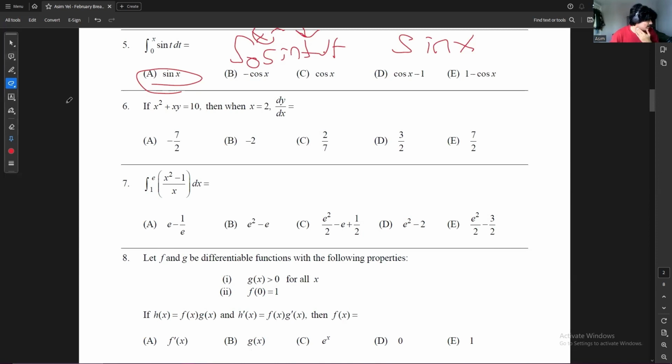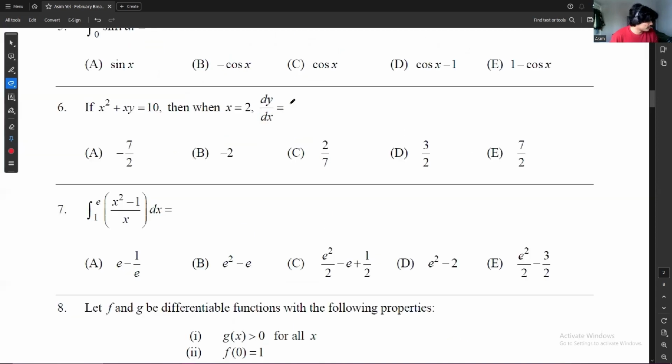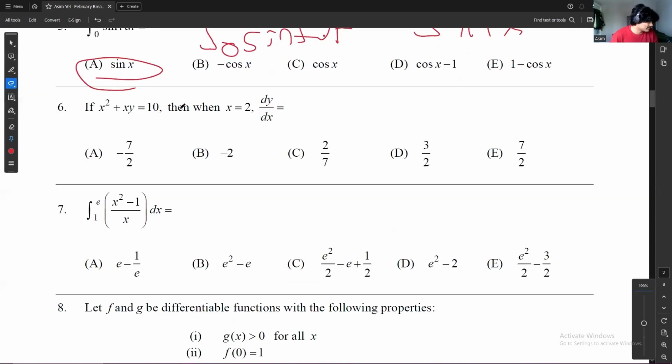6. If x squared plus xy equals 10, then when x equals 2, dy/dx. Very nice question. First of all, let's try to find dy/dx. If we take the derivative of x squared plus xy equals 10, I'm going to end up with 2x plus, now we're going to use the product rule.